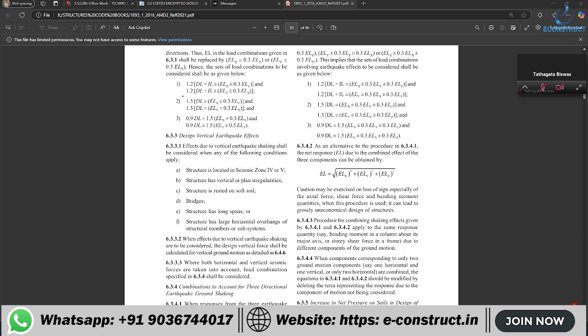When these mode shapes or modal time periods or modal behaviors are distinct from each other, there is no possibility of the first mode becoming the second or the second mode becoming the third.